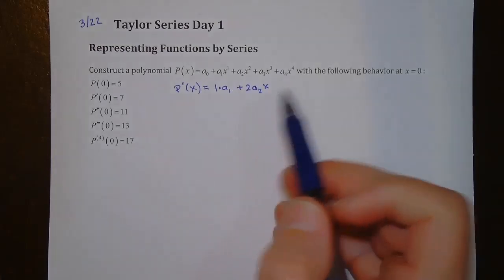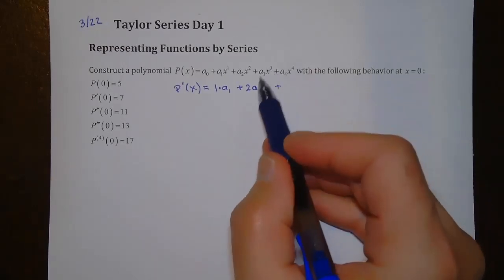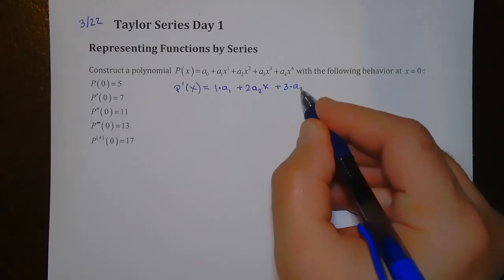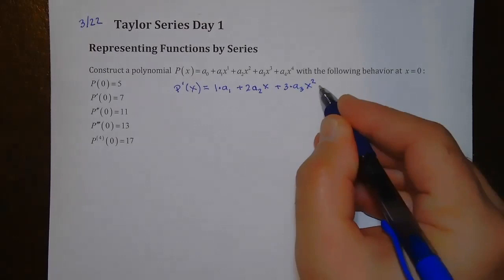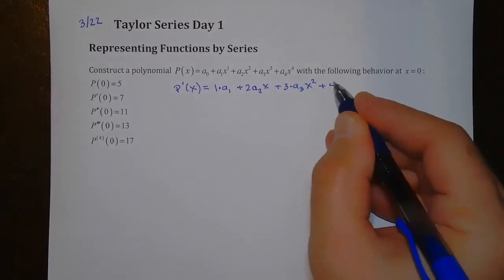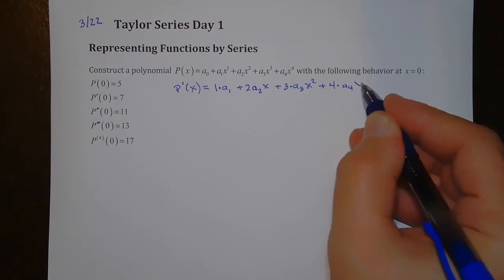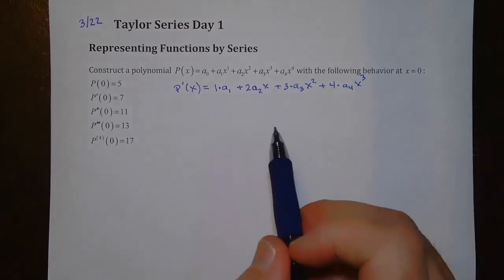We're just using the power rule here. Okay, and then the next one would be plus, bring the power down, so it's going to be 3 times a sub 3 x to the second power, and then plus 4 times a sub 4 x to the third power. Okay, and that'd be the first derivative.